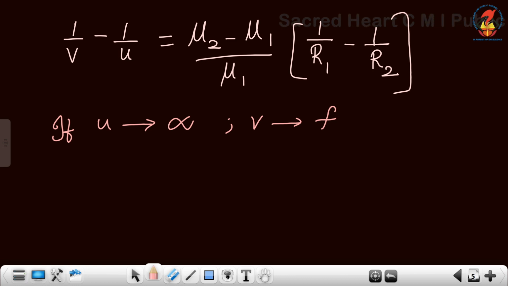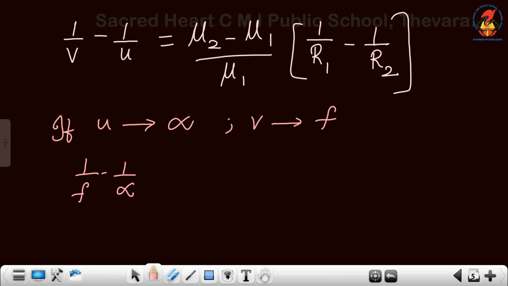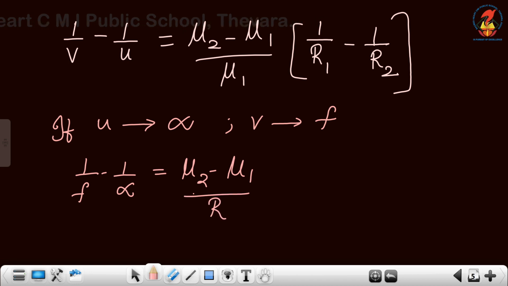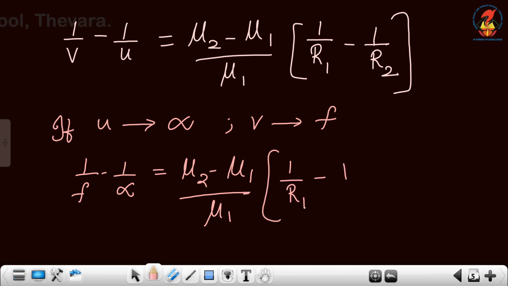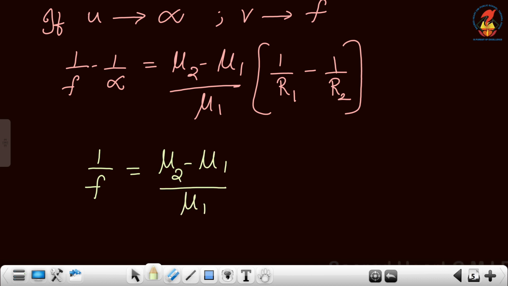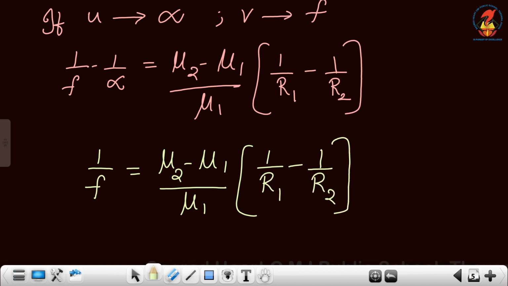So, the above equation can be written as 1 by F minus 1 by infinity is equal to mu2 minus mu1 divided by mu1 into 1 by R1 minus 1 by R2, and 1 by infinity is 0. So, the equation becomes 1 by F is equal to mu2 minus mu1 by mu1 into 1 by R1 minus 1 by R2.